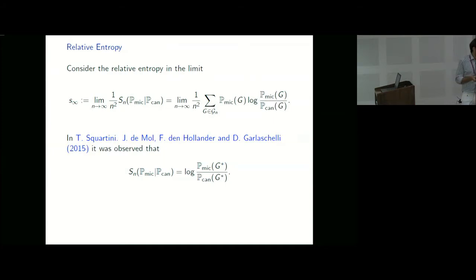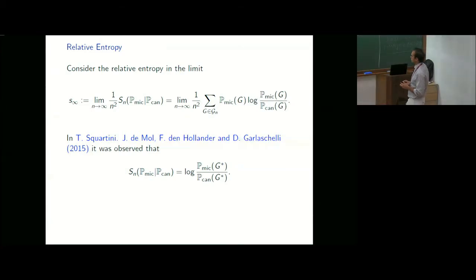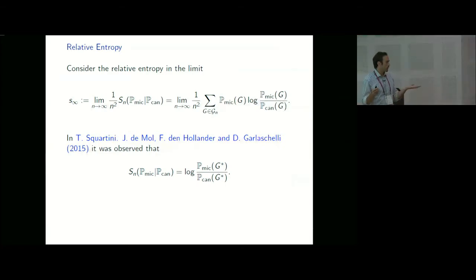So this is almost sure? Yes, almost sure. It's not in a probabilistic sense, it's just equal to this. G star is just an arbitrary graph which satisfies these constraints.